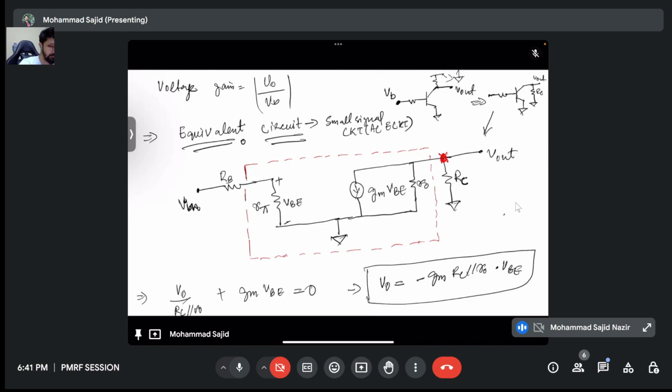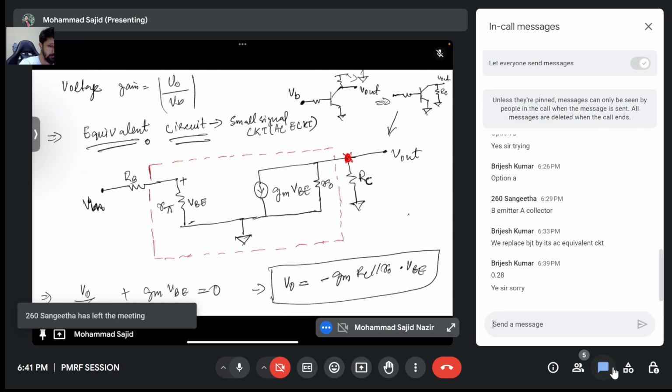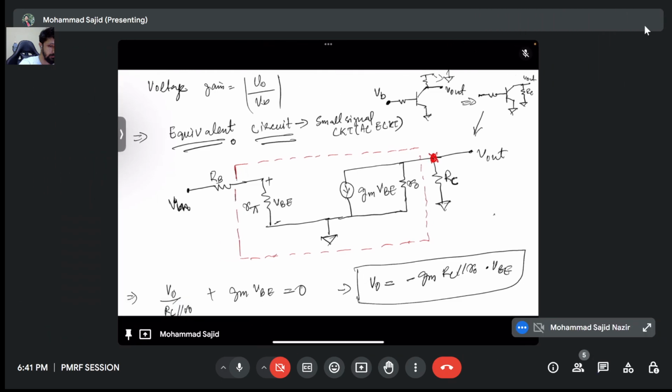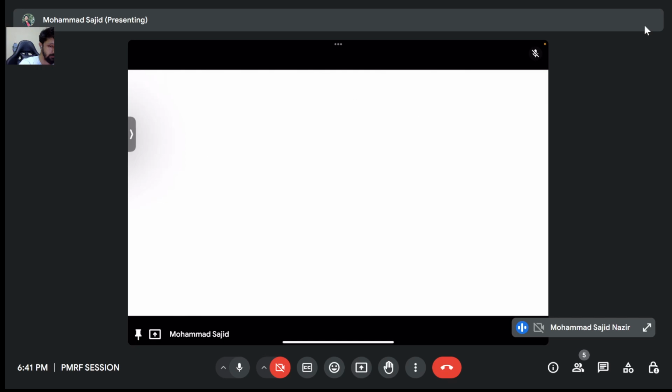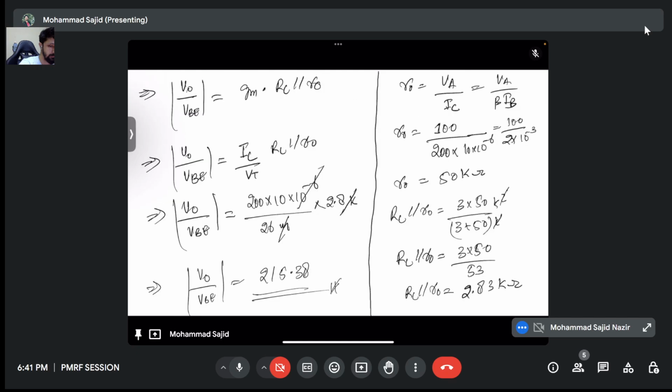This is V in and this is VBE. Now V in is given as 11 millivolt. So what will be your VBE?